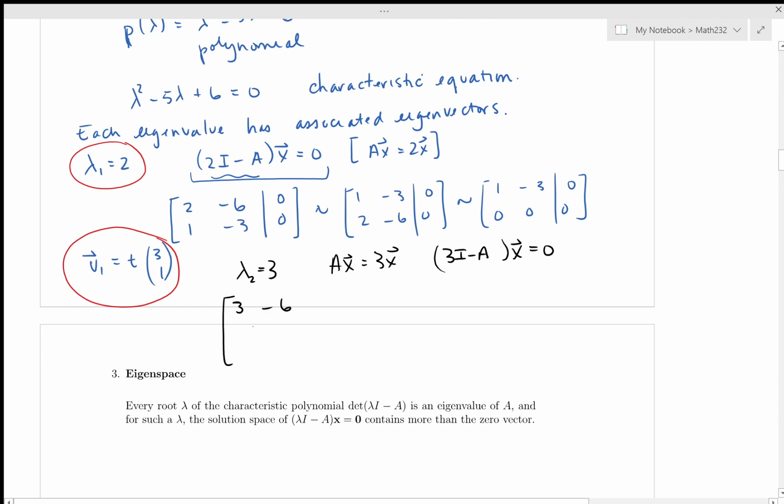3 minus 6, 1 minus 2, 0, 0. And I go through with the row operations, and I get to this reduced row echelon form here. And then that allows me to identify that the eigenvectors associated with the second eigenvalue are these guys here.